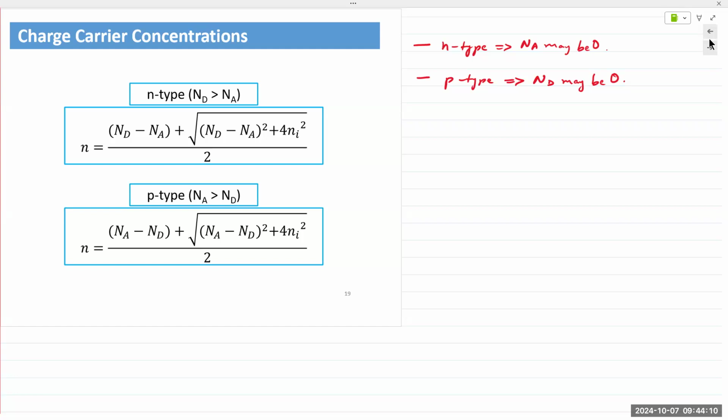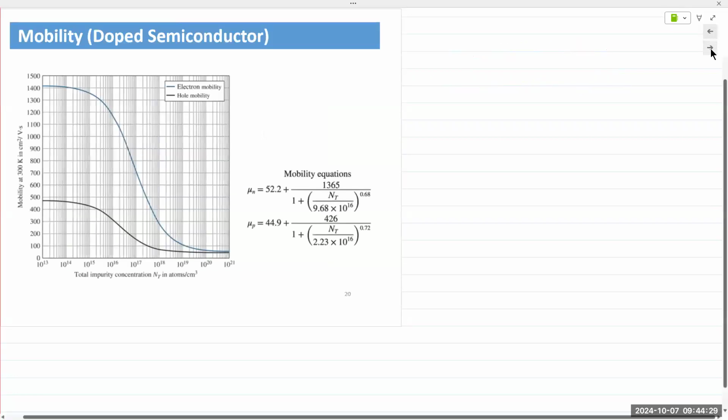So the speed and the space and the areas that the electrons and the holes can move is now restricted because there are now extra atoms in that lattice structure, concentrated in a very small amount of space. And so it reduces the mobility.